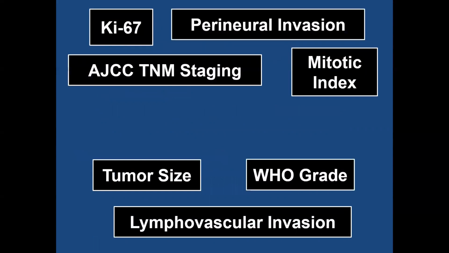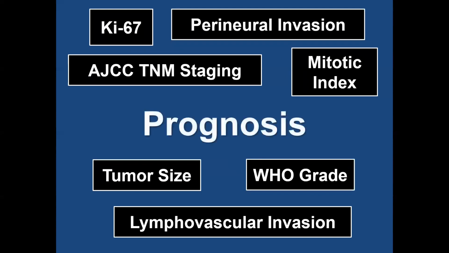But really, what is the point of evaluating a PanNET for Ki-67 index, WHO grade, tumor size, tumor stage, and other pathologic features such as lymphovascular and perineural invasion? Well, in effect, we're all trying to determine the prognosis of the neuroendocrine tumor itself. But all of these parameters that I've listed here are really indirect measurements of the tumor and don't actually reflect their pathobiology.